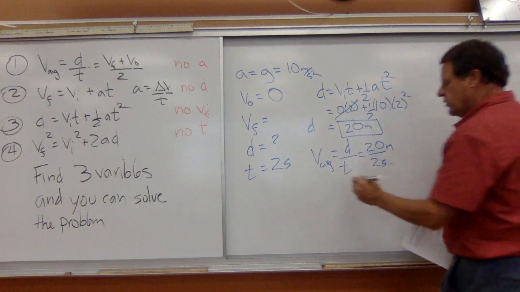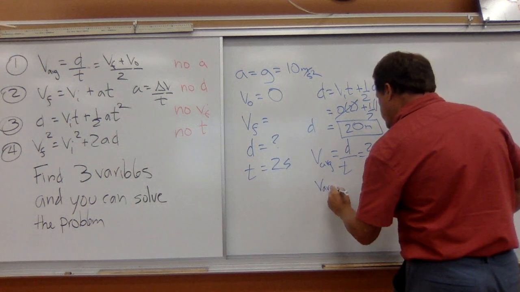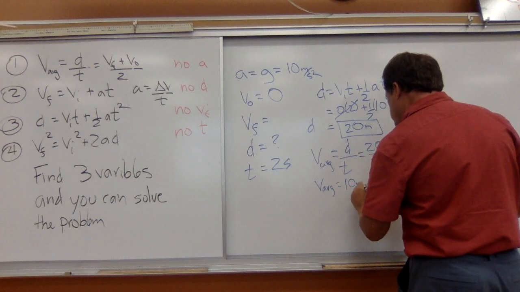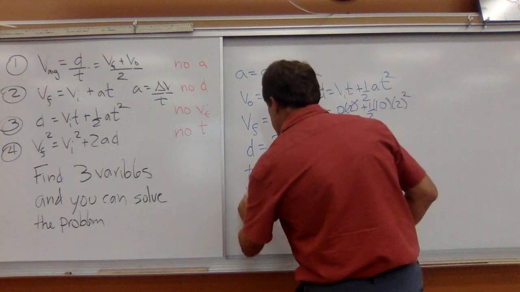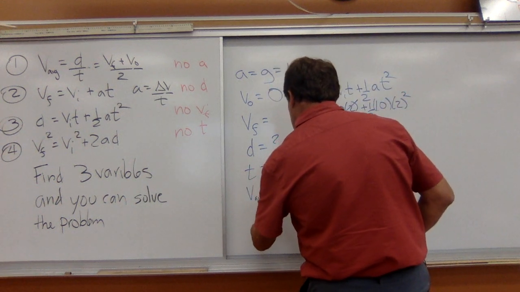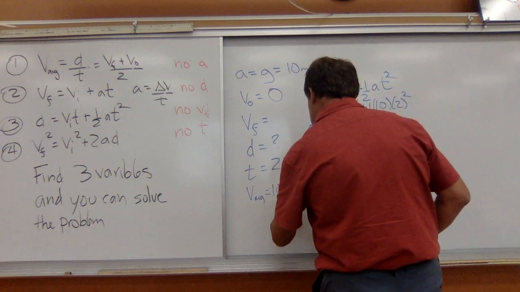And 20 divided by 2, our average velocity is equal to 10 meters per second.